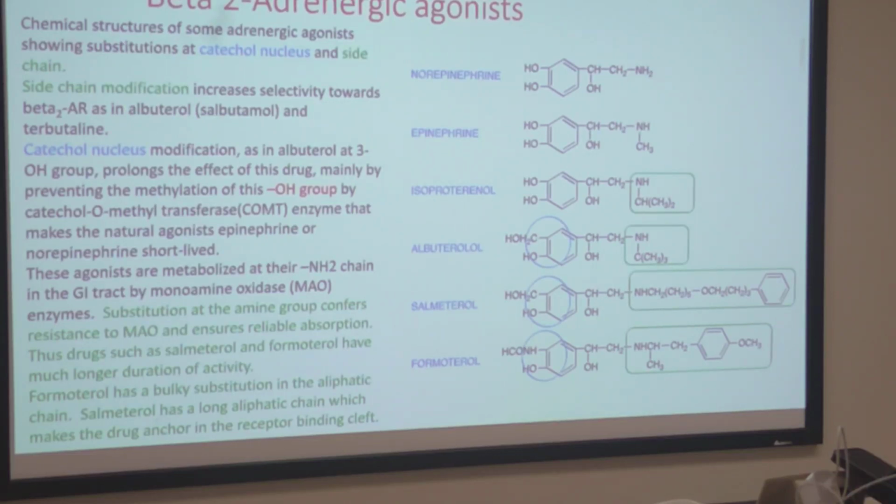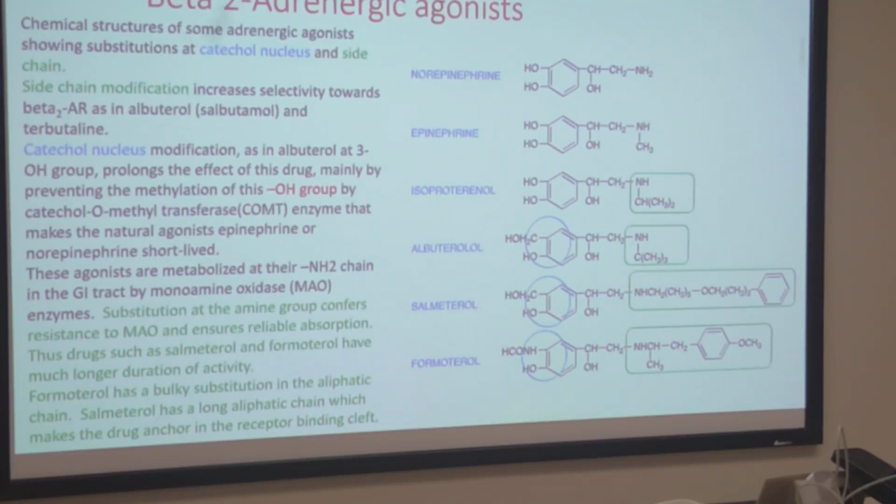towards the beta-adrenergic receptors. Therefore, isoproterenol is better than epinephrine or norepinephrine. And albuterol is better than isoproterenol, epinephrine, or norepinephrine. Salmeterol and formoterol are even better than albuterol, isoproterenol, epinephrine, and norepinephrine.